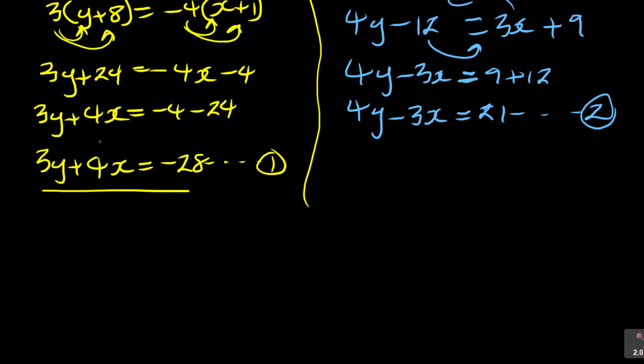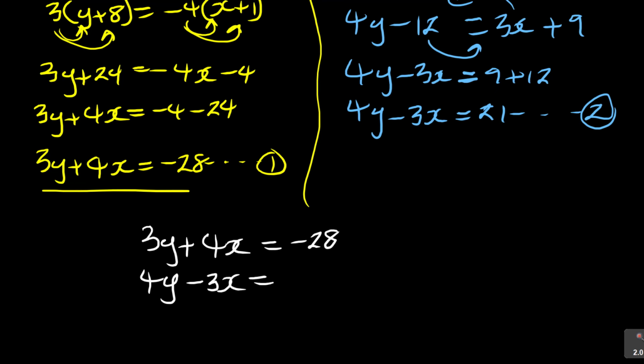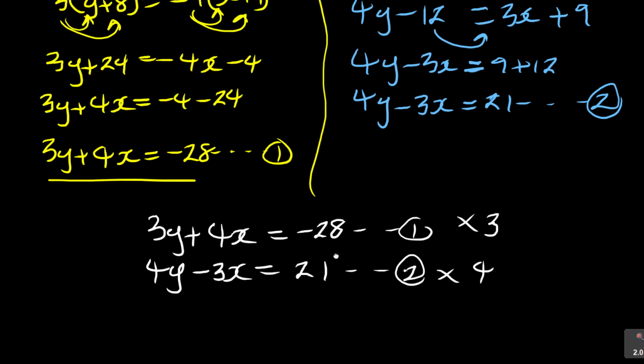Take these two equations, they are the simultaneous equations: 3y plus 4x is equal to negative 28, and 4y minus 3x is equal to 21. This is 1 and this is 2. Let's say you want to eliminate x, so you multiply equation 1 by 3 and equation 2 by 4.